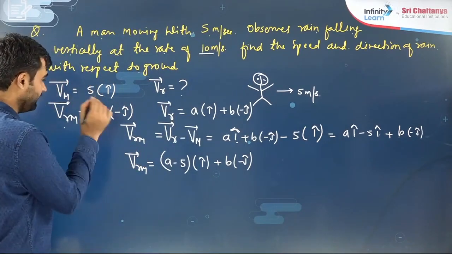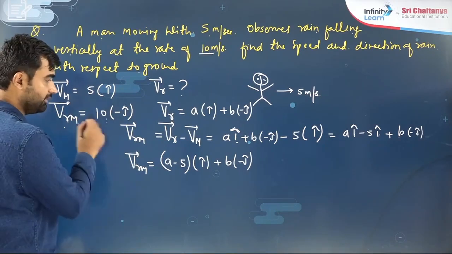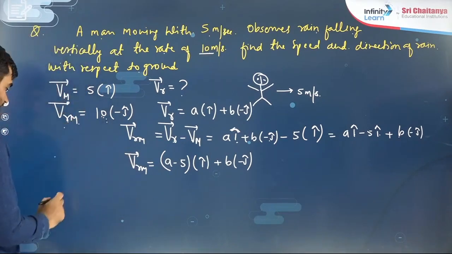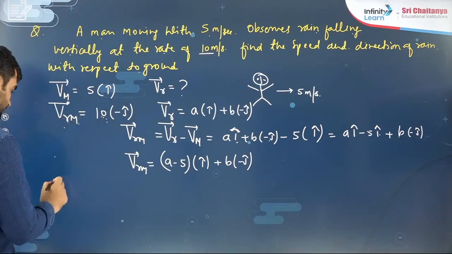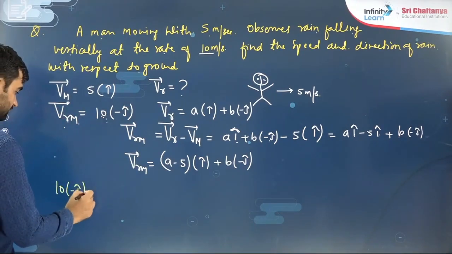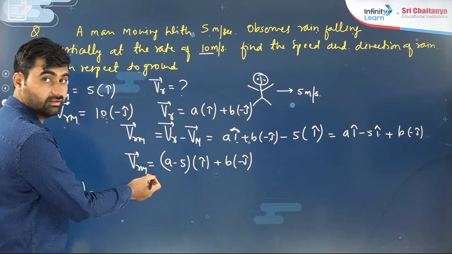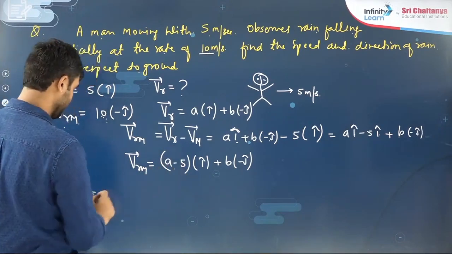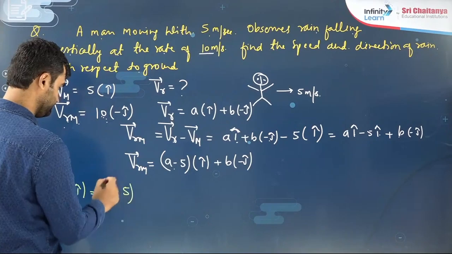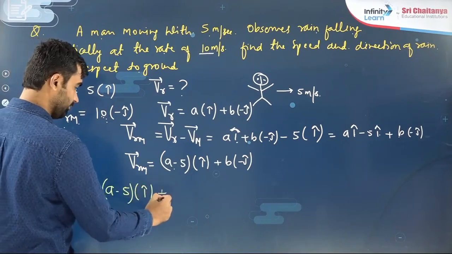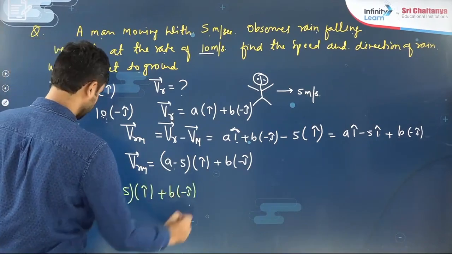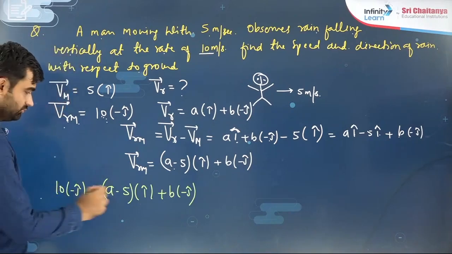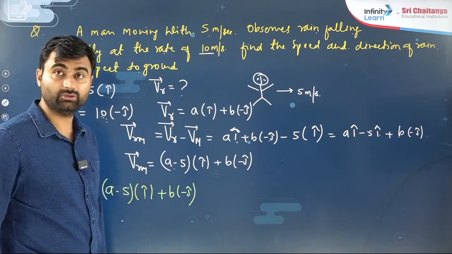But V_RM is already given, so we will put them equal. Right or not? So given V_RM is 10 minus j cap, equal to the theoretical V_RM value whatever we solved, that is (a minus 5) i cap plus b minus j cap. Now compare: this side i cap is 0, so this side also i cap must be 0.